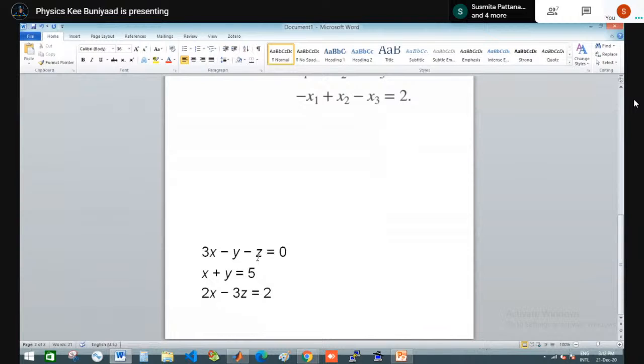These are the 3 variables, and I want to get the value of x, y, and z. To get the value of x, y, z, I will go through the same process. Like I first equate the coefficients of x, y, z to a matrix. So let me follow.